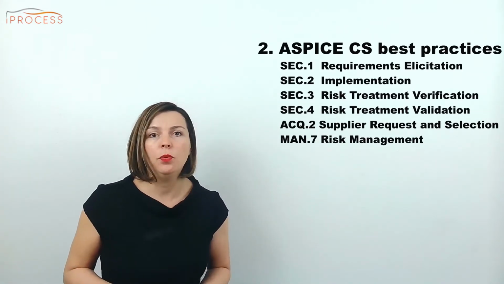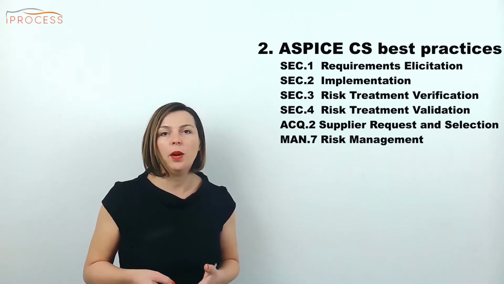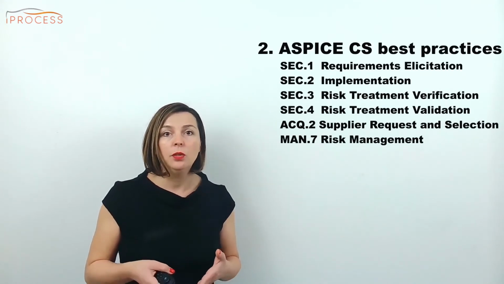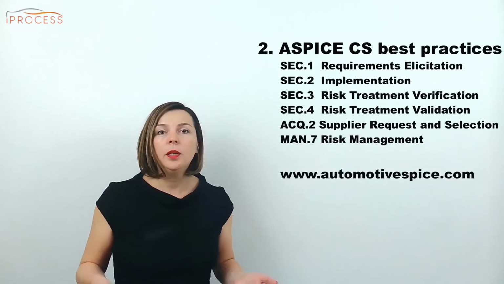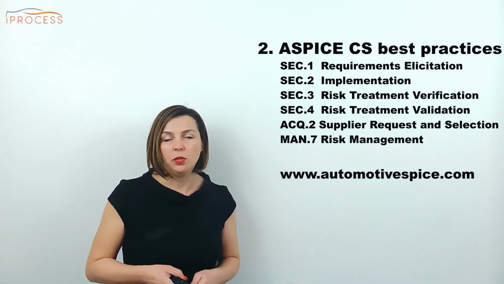And each of these processes comes with a set of base practices that can be used to guide cybersecurity process definition and assessment. The model can be downloaded for free at automotivespice.com.